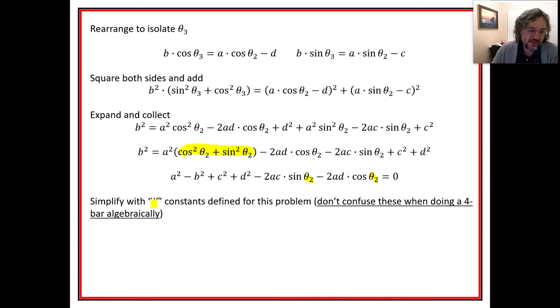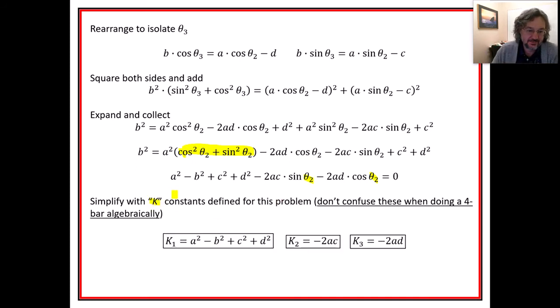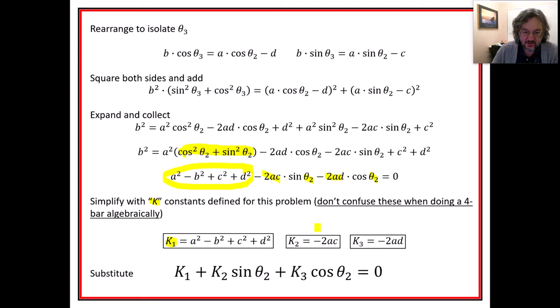So he creates these k constants, and he replaces this whole thing right here with k1, and he replaces this with k2 and this with k3 right there, right? So we have one equation, and he's not the only person to do this, by the way.